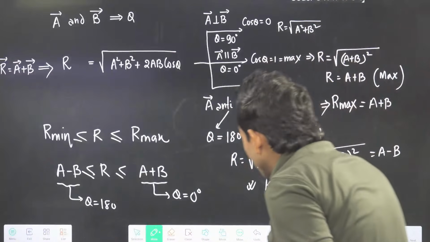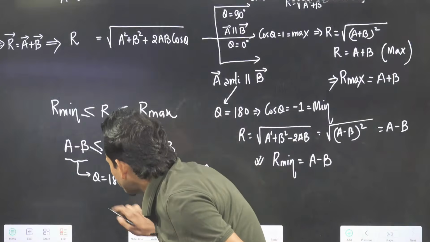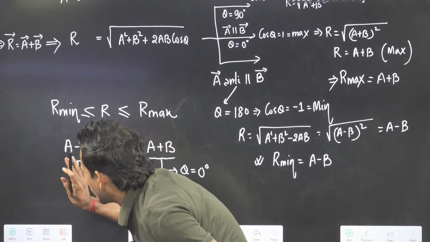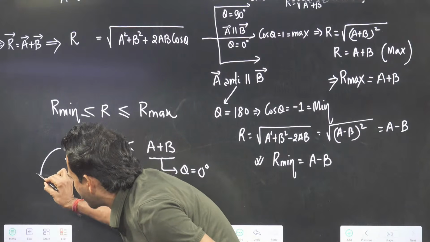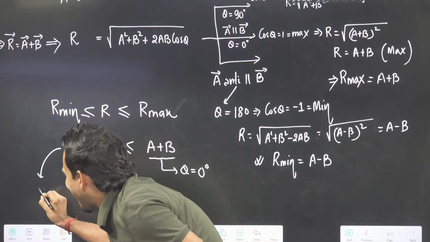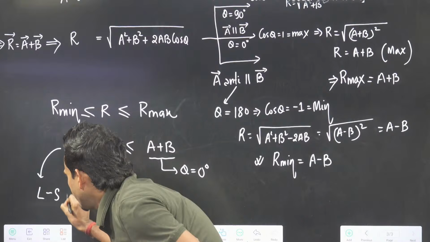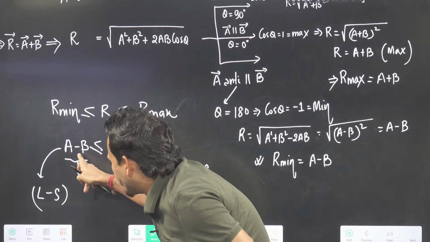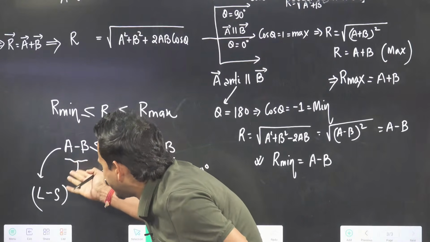And always remember, whenever you do a minus b, since you are subtracting, you have to be careful. Always subtract large minus small, because you are calculating magnitude, and magnitude of a vector can never be negative.